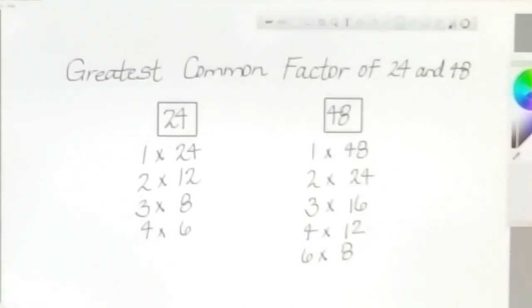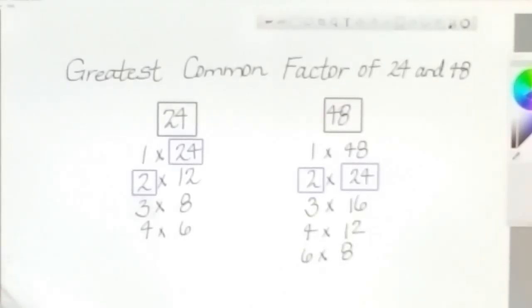You start to mark the common ones. I'm not counting 1 because 1 will not help me here. Anything is divisible by 1, so we're not worried about 1. The 24 is common. The 2 is common.